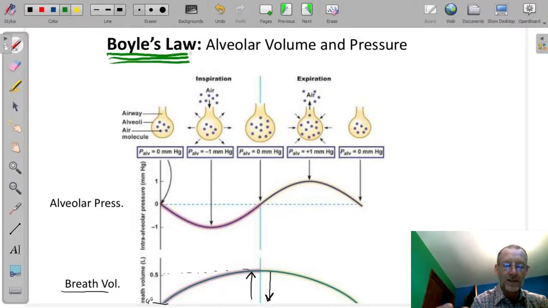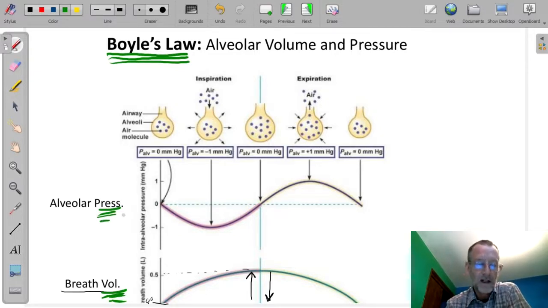So we've got volume and pressure. Volume is shown on the bottom panel, and pressure is shown in the middle. And at the beginning of the respiratory cycle, no change yet in the volume. Airway is open. We haven't started to expand the rib cage.